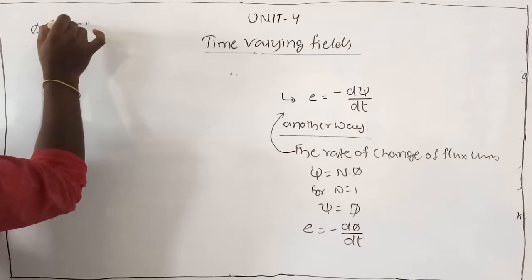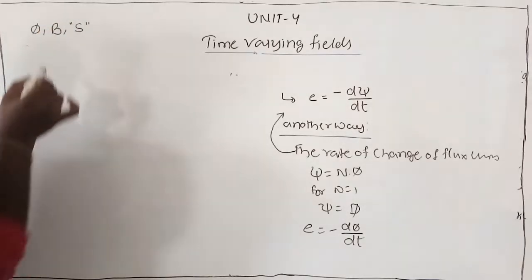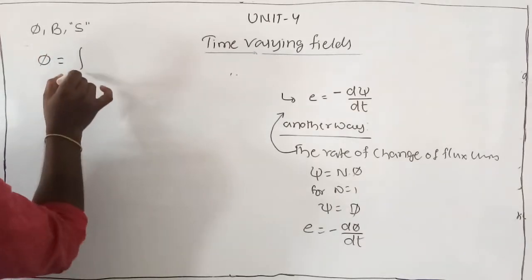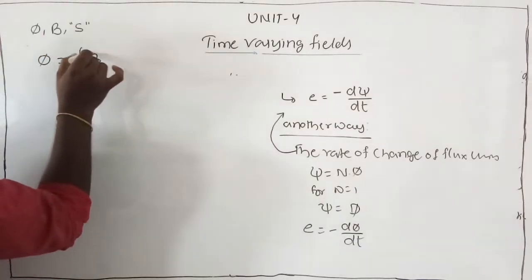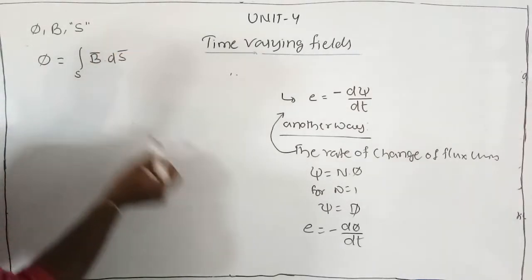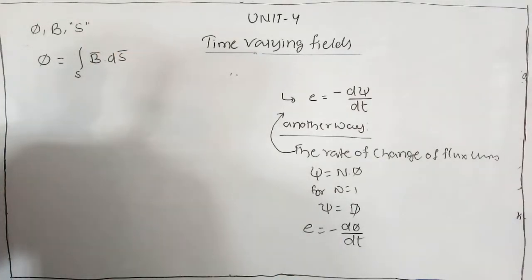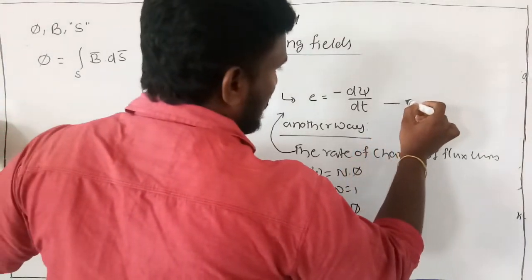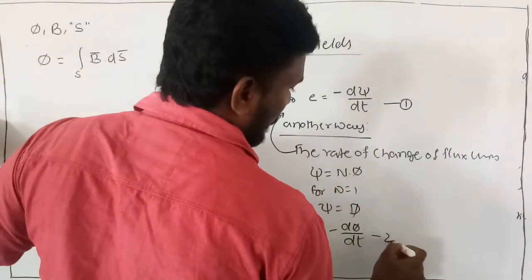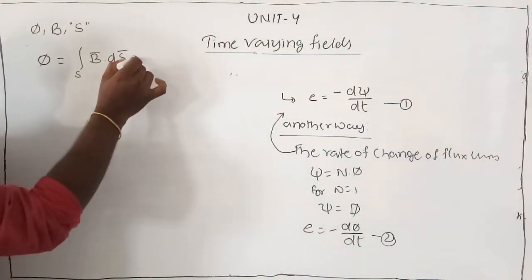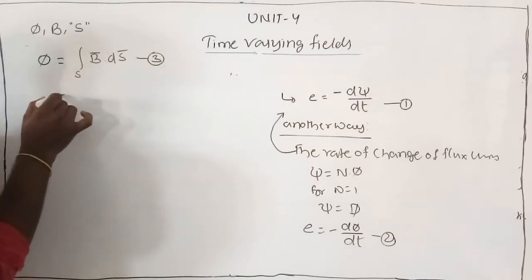If the area of cross section is considered as S, there is a relation between phi, B and S: phi is the surface integration of B bar dot dS bar. Consider this as equation number 3.